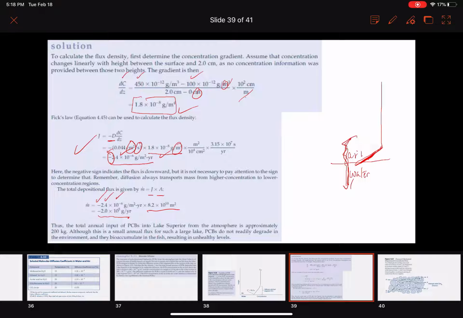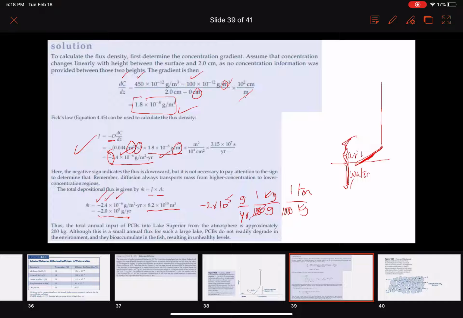If it's minus 2 × 10^5 gram per year, you can convert gram to kilogram, and then kilogram to ton.